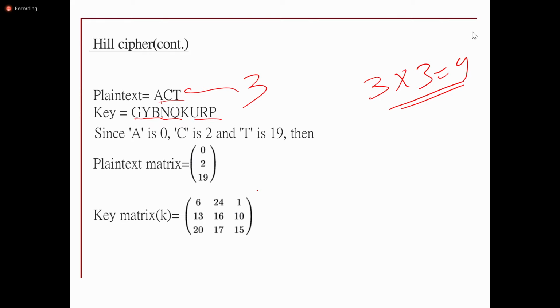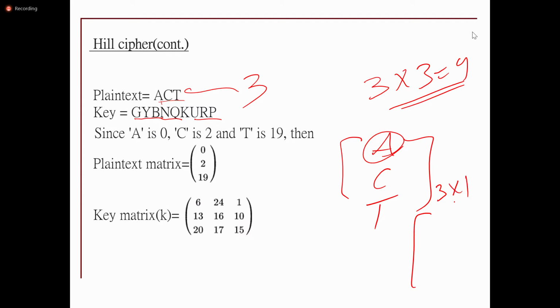So once we get the plain text and key, what we need to do is take a matrix format. In the matrix, we need to take only the numerical values. Actually, the plain text is "act". So instead of writing letters here, we need to represent them in a matrix. If there are 3 letters, then it is a 3 by 1 matrix.